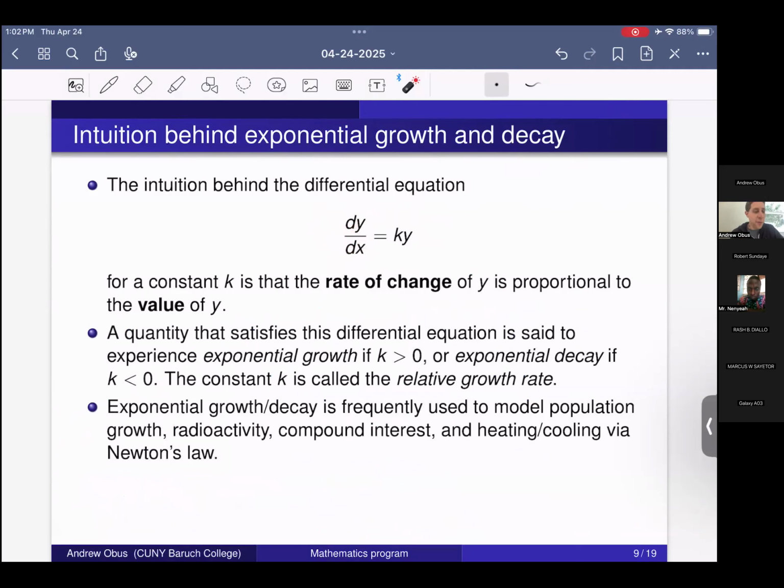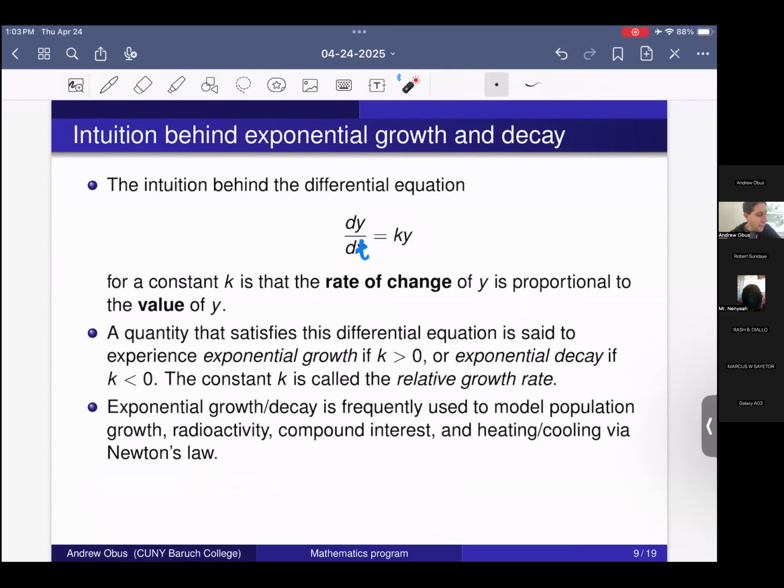So this is saying that the rate of change of y with respect to x, and sometimes this is actually easier to understand if we call this t for time instead of x. This is saying that the rate of change of y with respect to time is proportional to the value of y, right? This is a proportion, right? We're saying that y times a constant equals the rate of change of y.